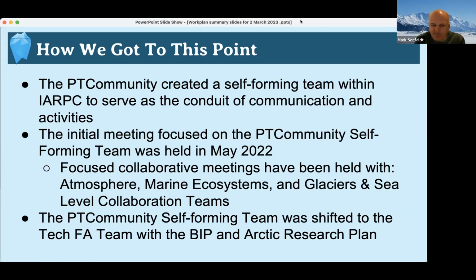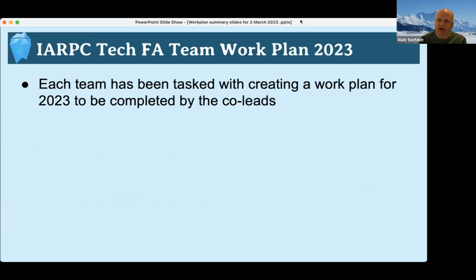We've also had focused collaborative meetings with atmosphere, marine ecosystems, and glaciers and sea level collaboration teams, where we were able to identify areas of implementing technology in those teams and had a joint meeting. Now this PT community self-forming team was shifted to the tech foundational activity team within this implementation plan and Arctic research plan.